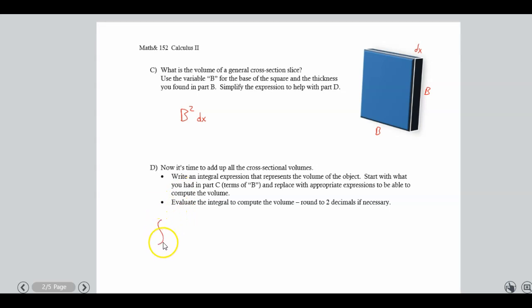So we got the integral of this, and I'm just going to leave it b squared dx. And that we will replace that b with what we just found. So you might be doing, say, the integral of that y1 minus y2, squared dx with those definitions of y, or you might even just replace the whole thing.